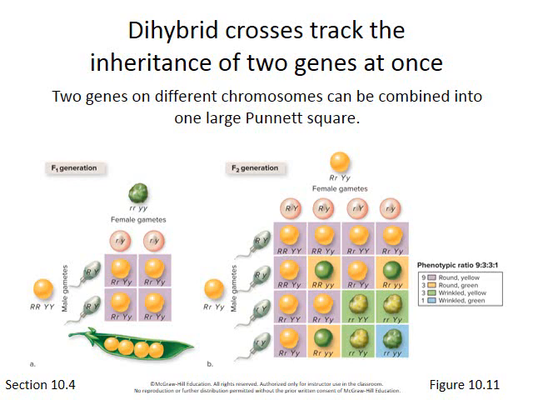So dihybrid crosses track the inheritance of two genes at once. Two genes on different chromosomes can be combined into one large Punnett square. Spoiler alert, the two genes being on two different chromosomes is very important here, but we'll talk about that later.